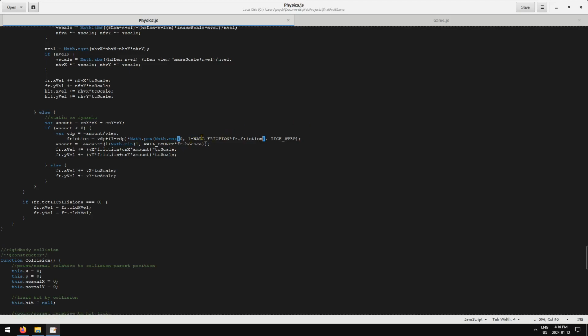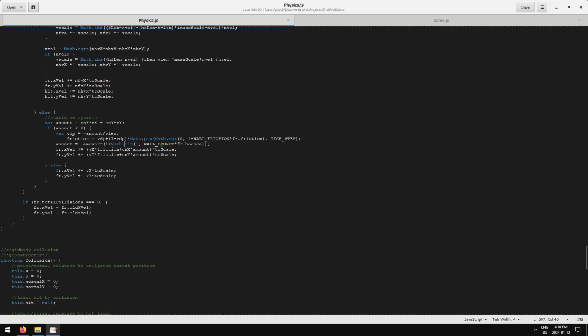So if it's 0.5, it'll multiply it to 0.5 over 1 second. Whereas if you don't put this to the power of the tick step, doing 0.5 at say 10 frames a second would be 0.5 to the power of 10, which would end up multiplying it way smaller, like 0.001 or something. So this makes things consistent and lets you just set a friction value that's independent of frame rate.